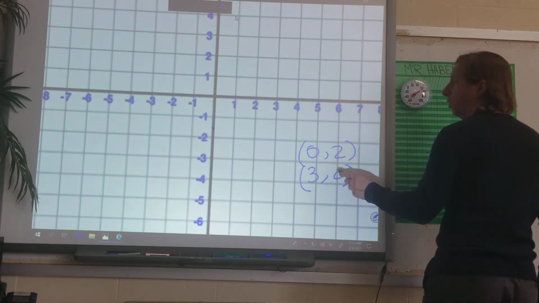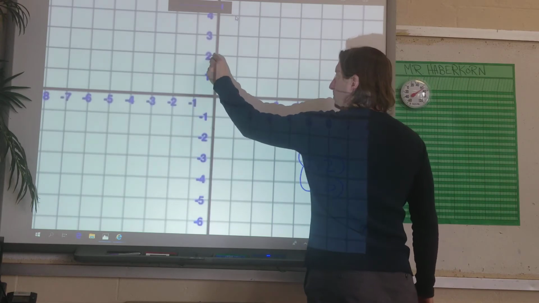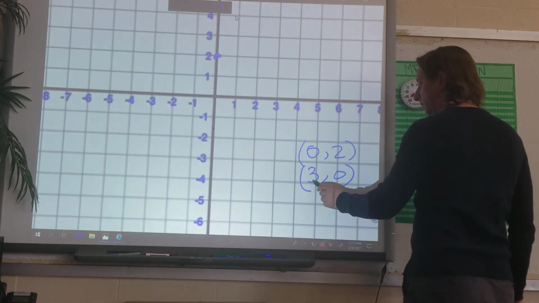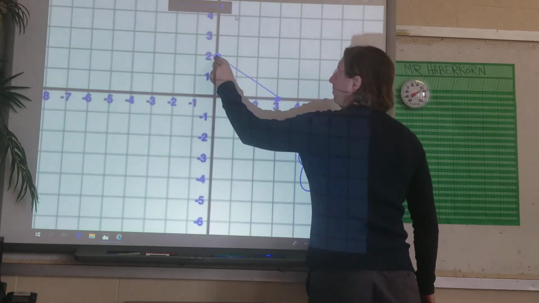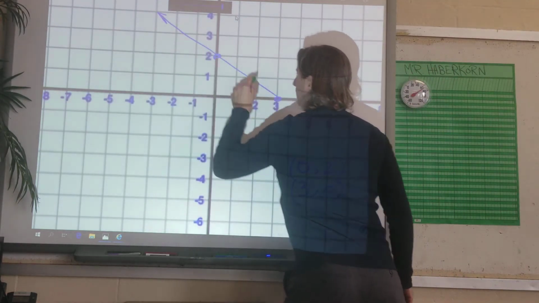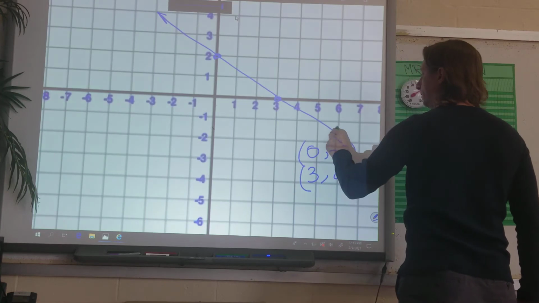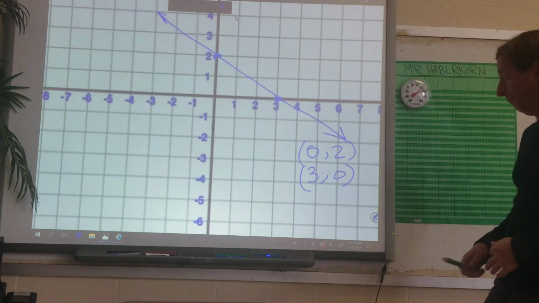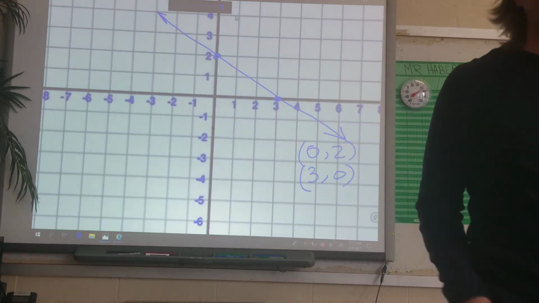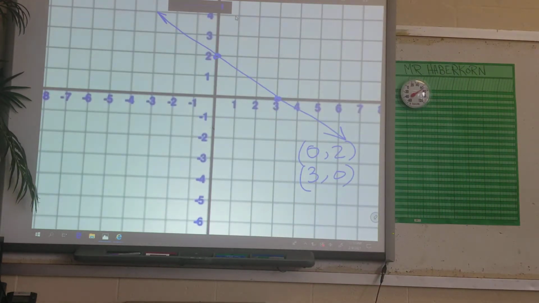So sideways 0 up 2, sideways 3 up 0. There's my 2 points. Connect the dots. We got our line, okay? So a little bit different than the linear equations. These are called linear equations. They make lines, right?